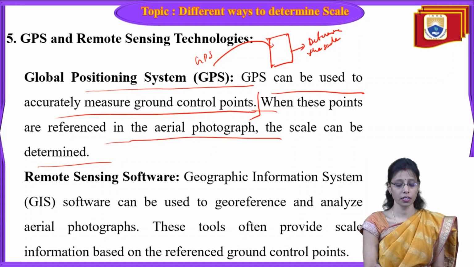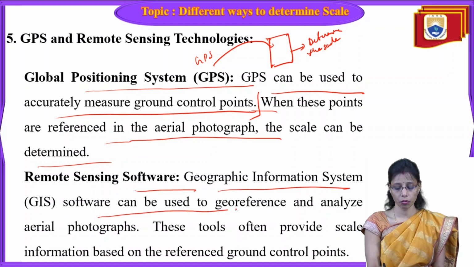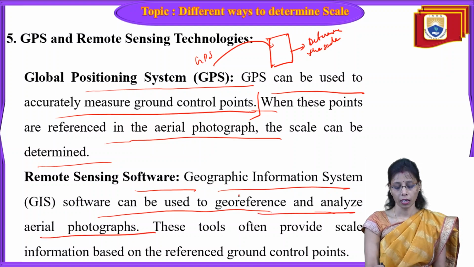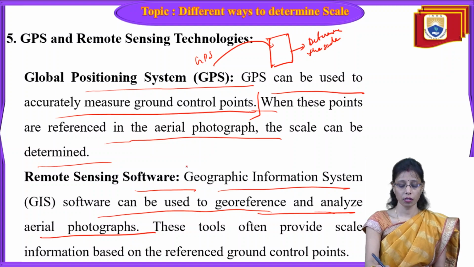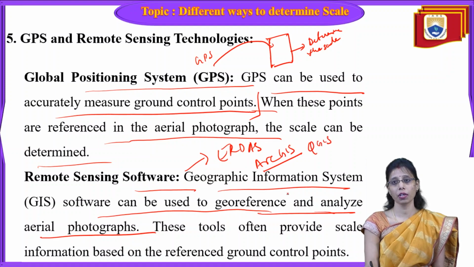Remote sensing software and geographic information system software can be used to georeference and analyze an aerial photograph. Remote sensing software we have is ERDAS, and GIS software we have ArcGIS or QGIS. So we have different software where we can determine the scale in different ways.